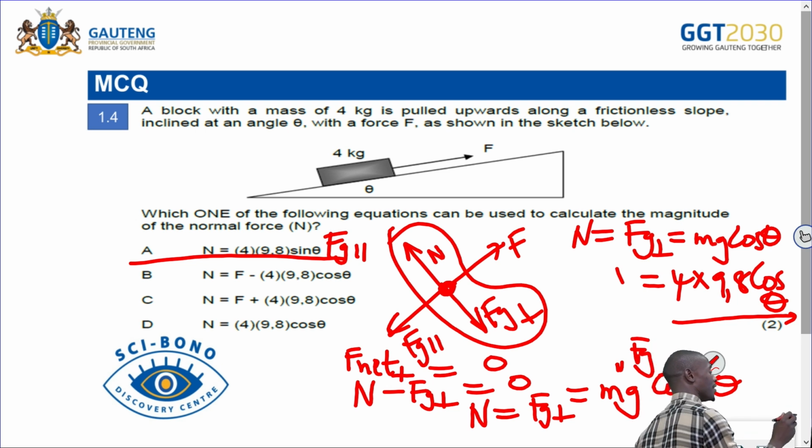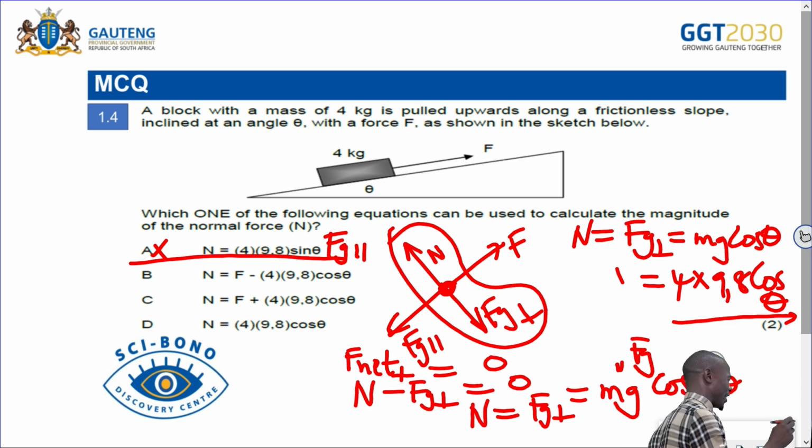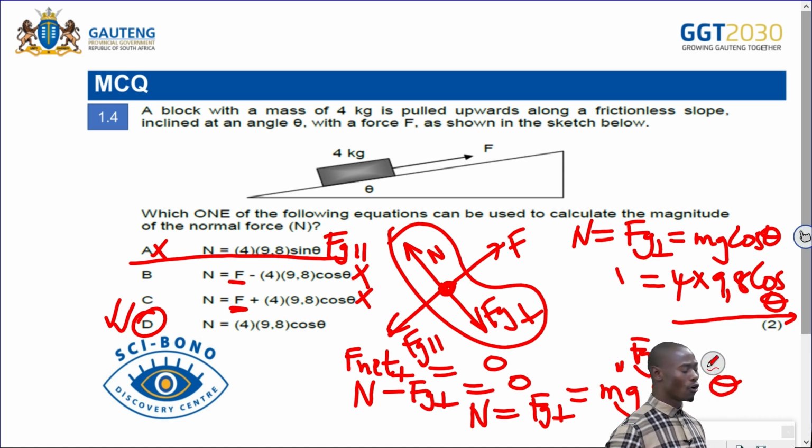So then, your A will be incorrect, and then let's look at B. B included also the parallel forces, so it cannot be. So we need to focus only on the perpendicular ones. Same with C. This is also incorrect because of this. Then the correct option will be D, which is 4 times 9.8 cos theta.